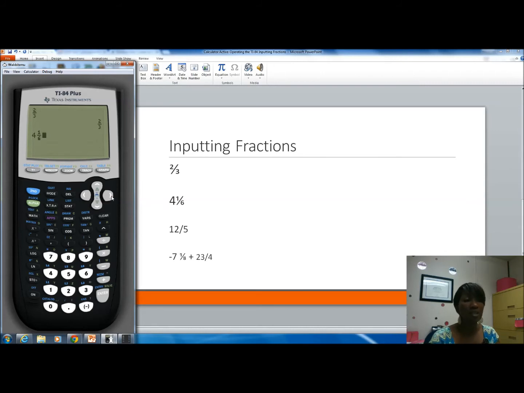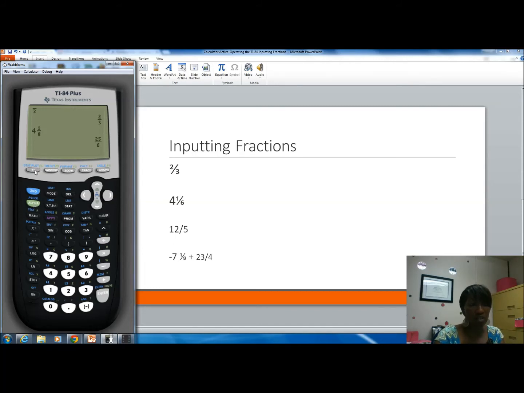I'm done inputting it, so I had to arrow to the right, and then I press enter. And what it does here is it converts the mixed number to a simple fraction. Okay, so let's say I forgot that this happens and I want to know how can I change my improper fraction to a mixed number.